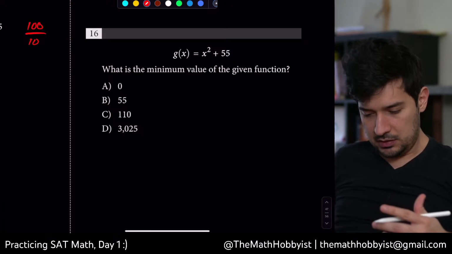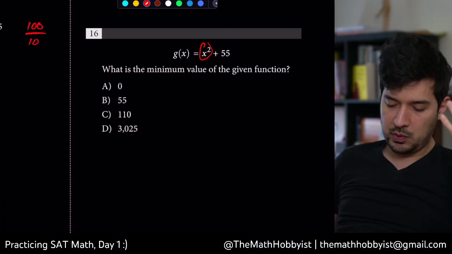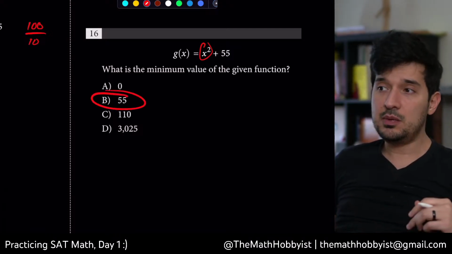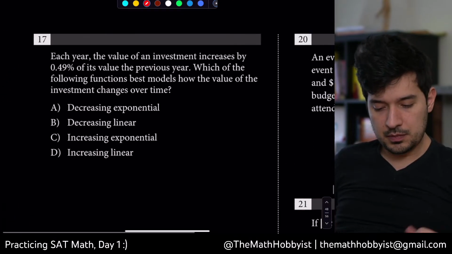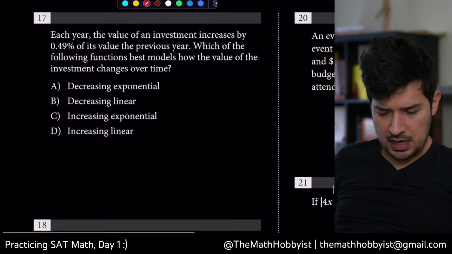Minimum value of that function, any positive number squared is going to give you a bigger number. So 55 when x equals 0 is the minimum value. Each year the value of an investment increases by that.